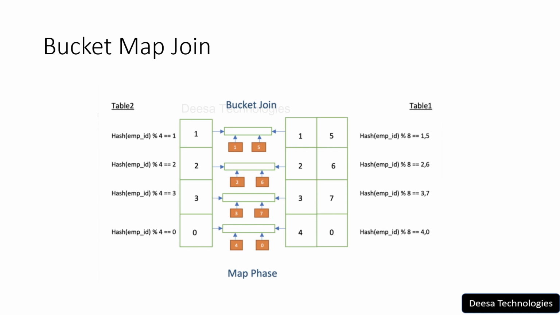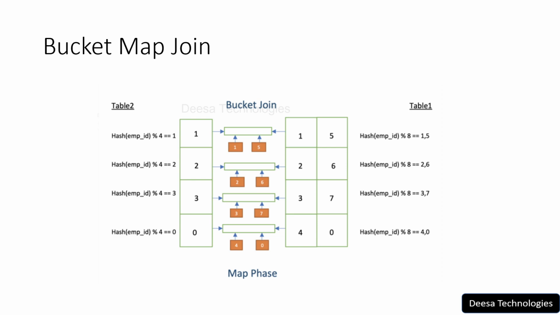The records which are in bucket 1 in table 2 and buckets 1 and 5 in table 1 will go into the same mapper, and they will do the join from there. So this way we are joining the corresponding buckets, instead of one bucket going and joining with all the other buckets, right?